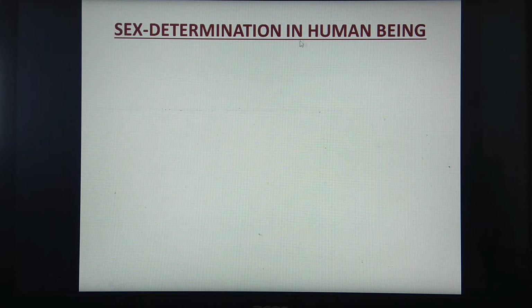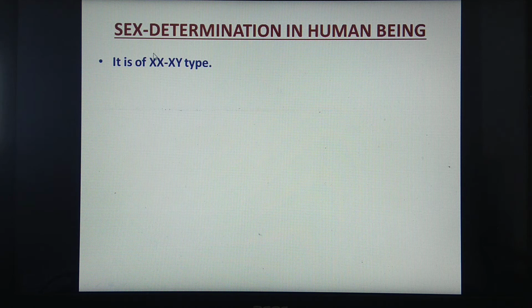What does it mean? How the sex is determined. As we have seen, body characters as well as sex of an individual is determined by the chromosomes. So how does the determination of sex take place in case of human being? It's an important part. Question can be asked for 3 marks. Now see, in case of human being, sex determination is of XX, XY type.